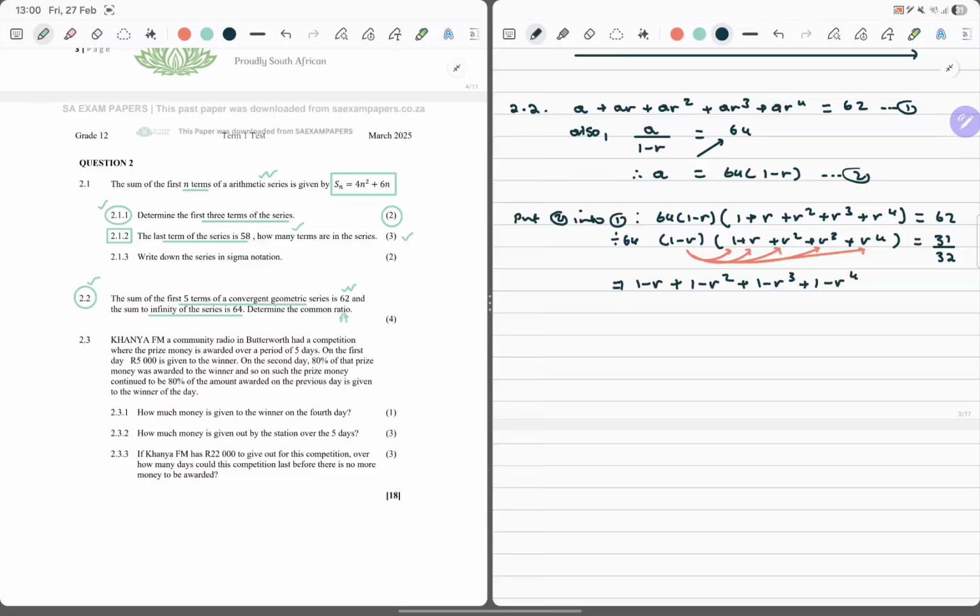And then when we sort that out, what do we end up with? Did I do the right thing here? I was expecting some things to get out of the way, but I'm not seeing it. So this is going to be 1 minus r to the exponent 5 equals 31 over 32.